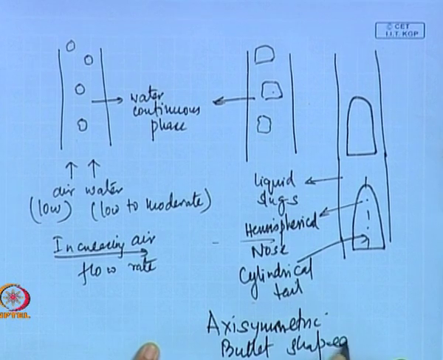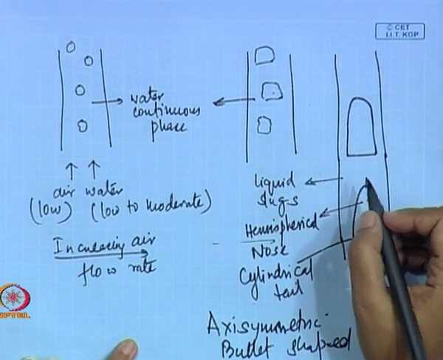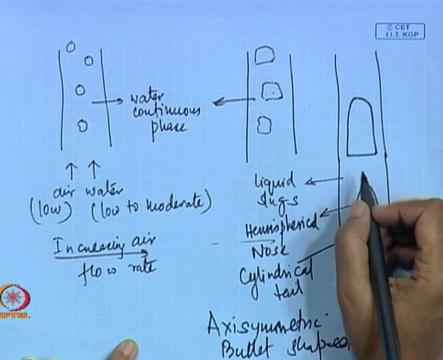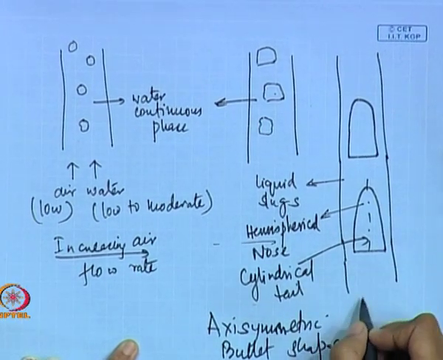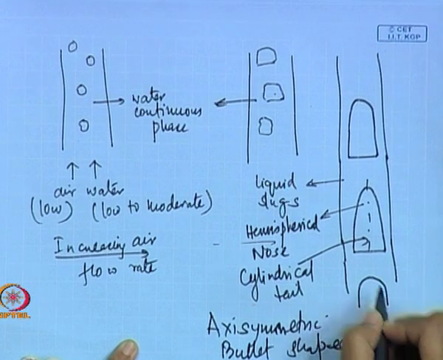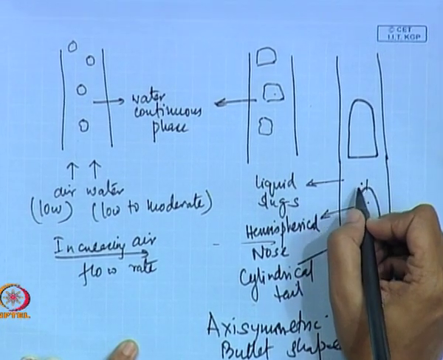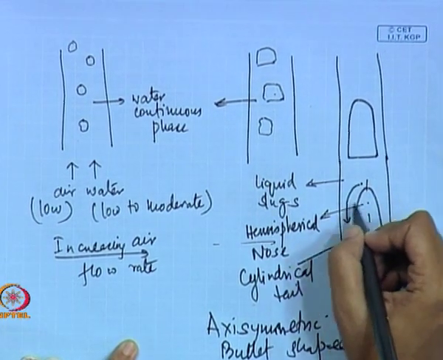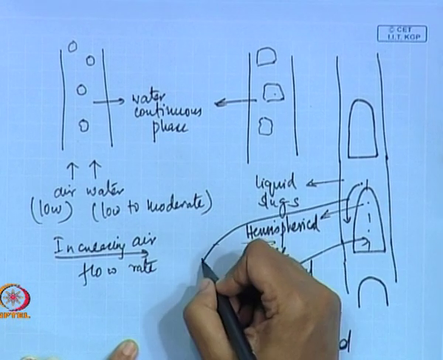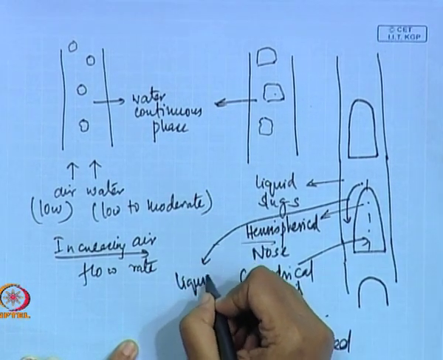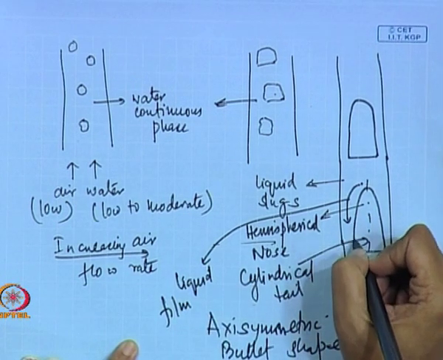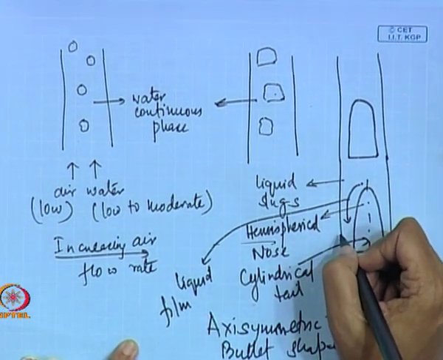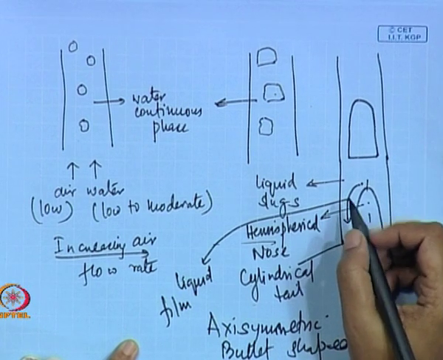Usually this has been observed, and under these circumstances the liquid from the liquid slug actually flows downward as a liquid film. It is an annular film between the bubble surface and the tube wall. Okay.